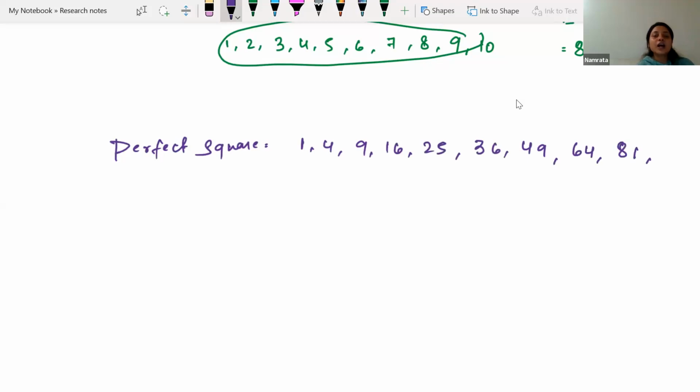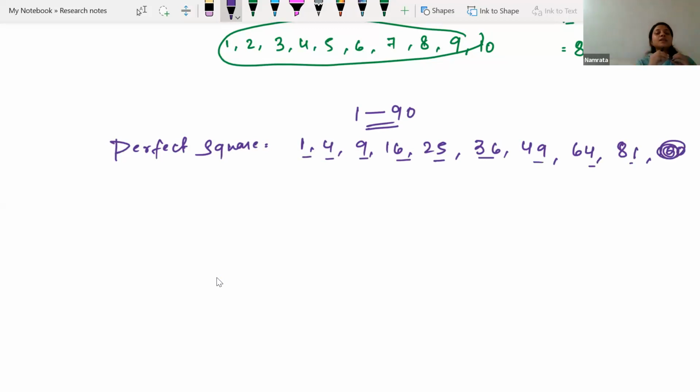Between 1 to 90, how many perfect square numbers are there? So 1, 4, 9, 16, 25, all are there, but 100 will not be there. We can't take 100 because of the discs.